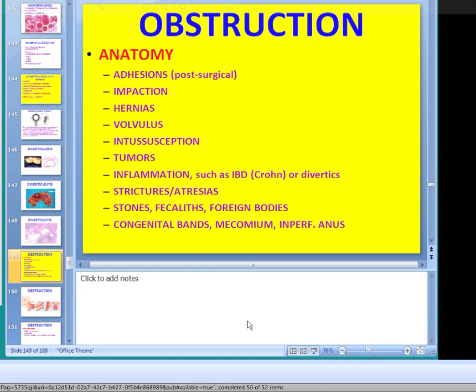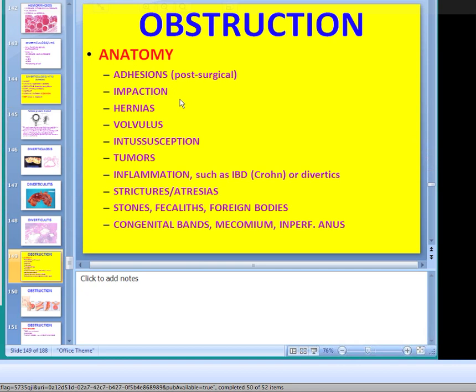Because when you do a surgery on a patient, you introduce that serosa to gloves, to instruments. Maybe it's already been inflamed. So post-surgical adhesions or fibrous thickenings of the outside of the bowel is the most common cause for anatomic obstruction. Patient has a lot of abdominal surgery. They're likely to have adhesions. They can be clinically painful.